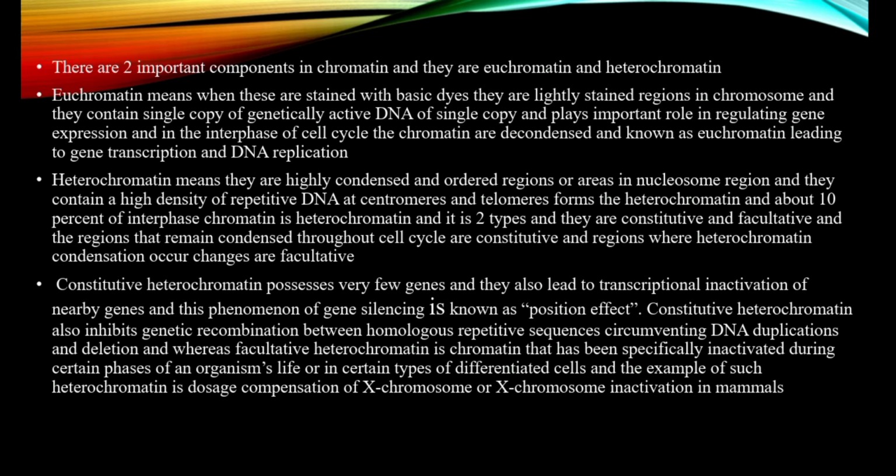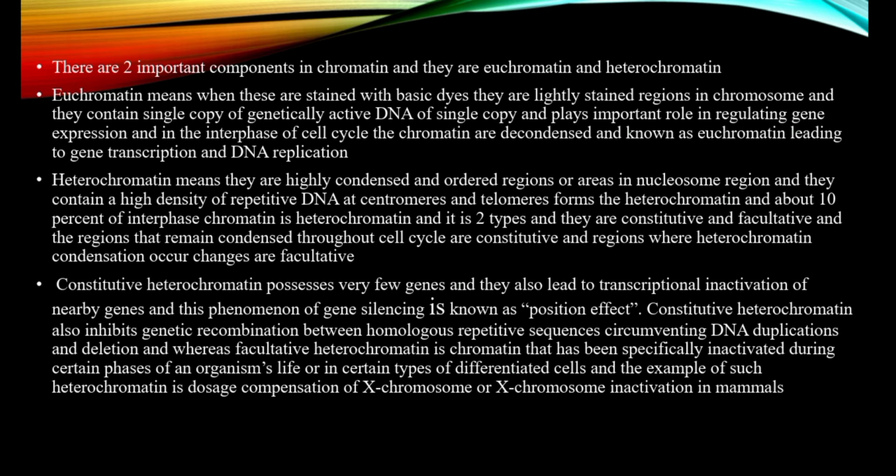About 10% of the interphase chromatin is heterochromatin, and heterochromatin is again of two types: constitutive and facultative. Regions that remain condensed throughout the cell cycle are constitutive, whereas when heterochromatin condensation occurs only at certain times, it is known as facultative.